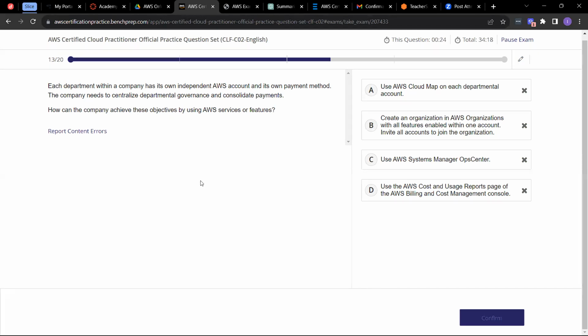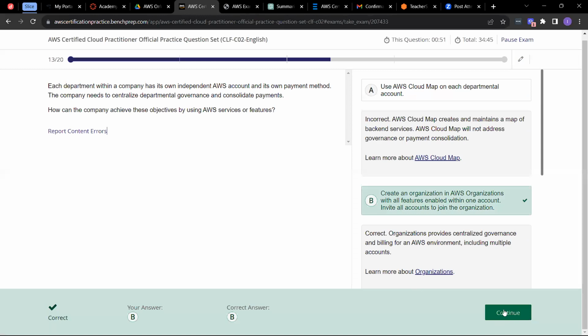Easy question, and we discussed this today when we were doing economics and billing. It's just the procedure. You create an organization in AWS Organizations with all the features enabled within one account, and then invite all the accounts to join the organization. Those are the first two steps.